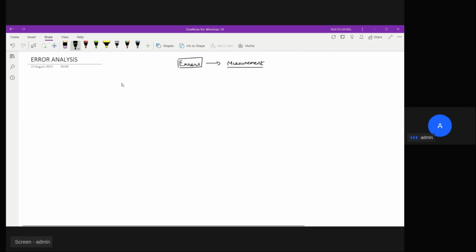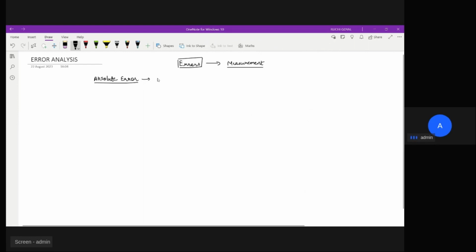So we have different types of errors here. First is absolute error. Absolute error is the difference between the true value or actual value and the measured value of a quantity.